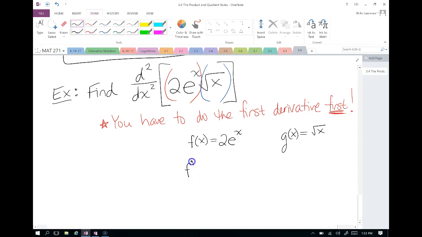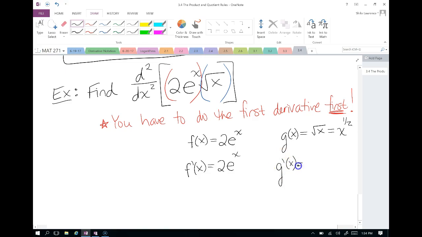So f prime. Now 2 is just a coefficient, and we learned in section 3 that coefficients just get carried on to the answer. The derivative for e to the x is e to the x. G is going to need a little bit more work because we're going to have to rewrite square root x as a power of x so that we can do power rule on it.